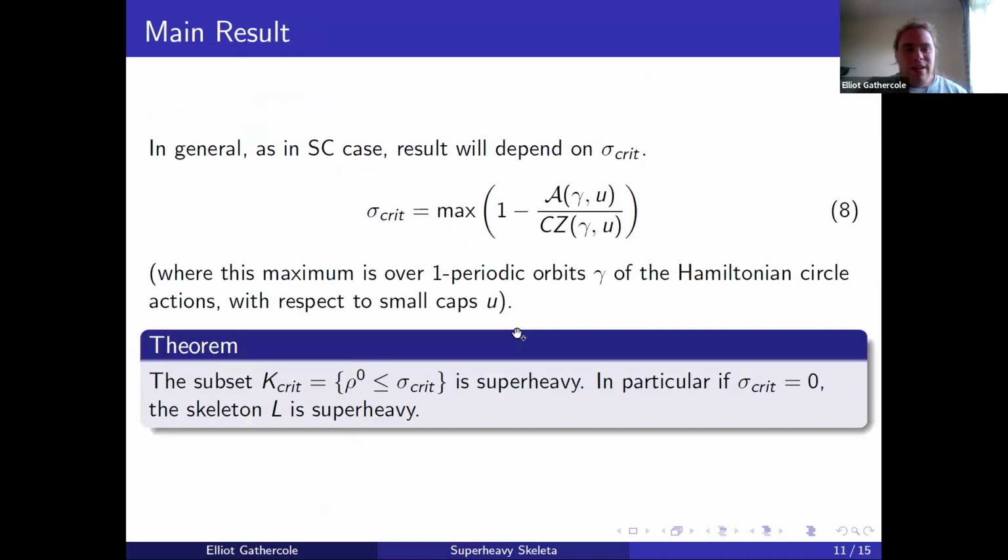And in general, we might not get that the skeleton is super heavy because we have different numbers coming from these Hamiltonians.